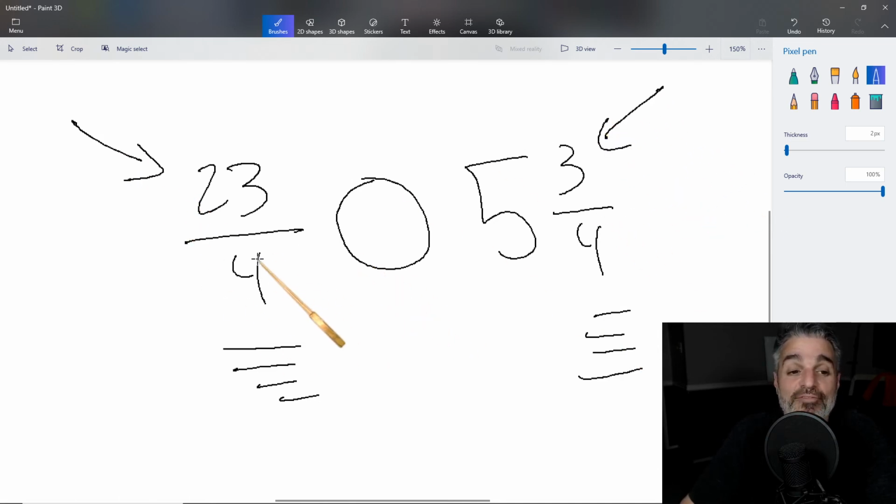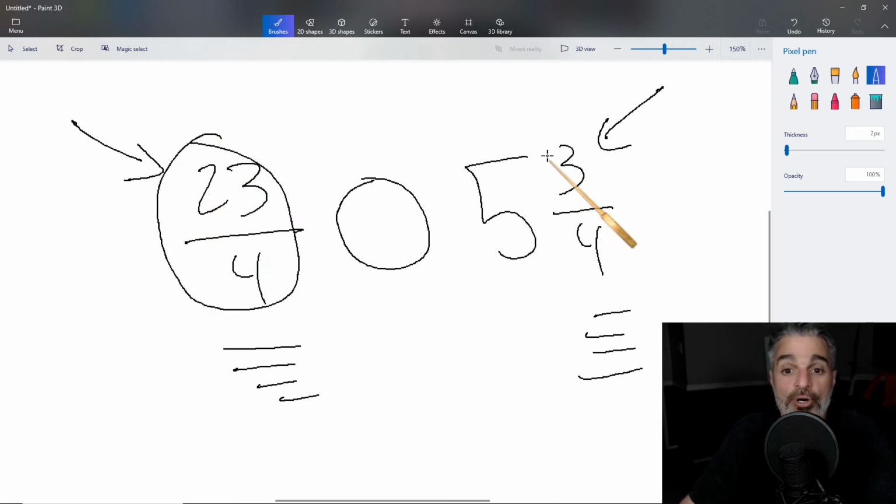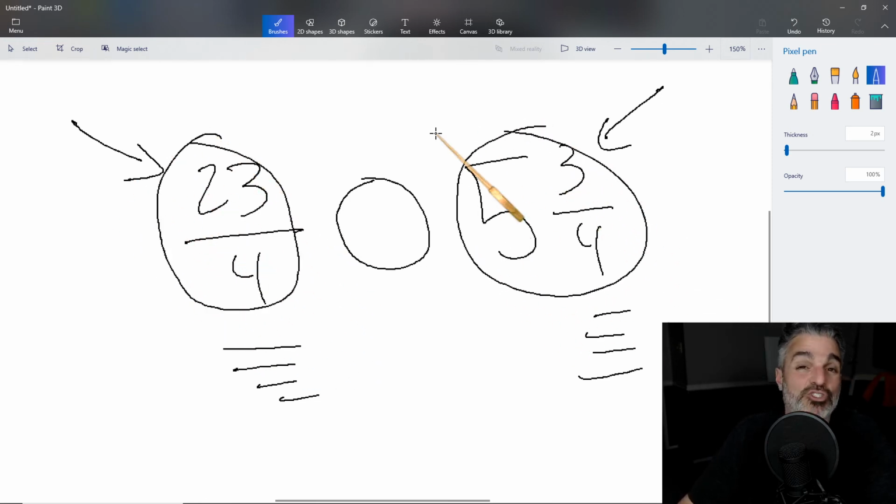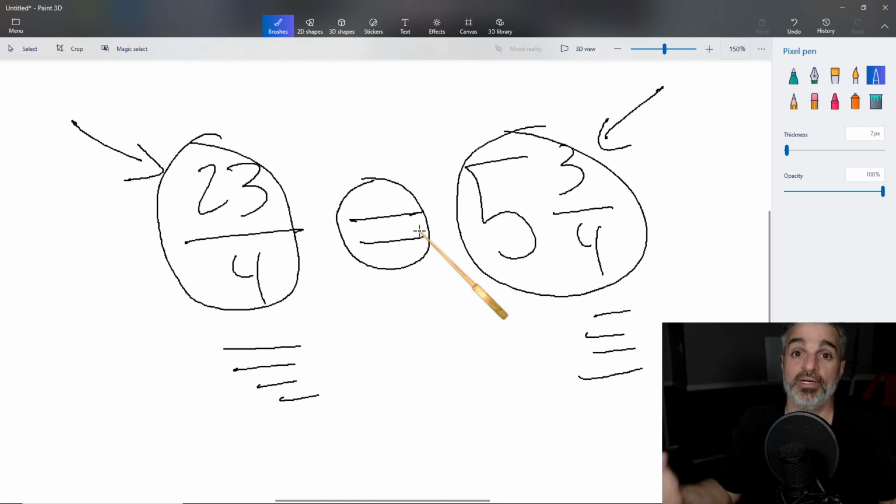Okay, so we have to change either this one to a mixed number, or this one to an improper fraction to be able to compare them. Now, if we change either one, we're going to find out, as we did just now, that they are equal. But remember, you cannot compare an improper fraction to a mixed number without turning one of them into the other, so that you can compare two things that are the same.